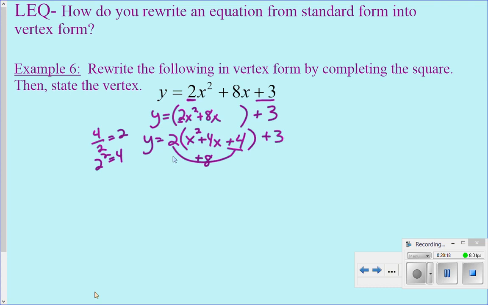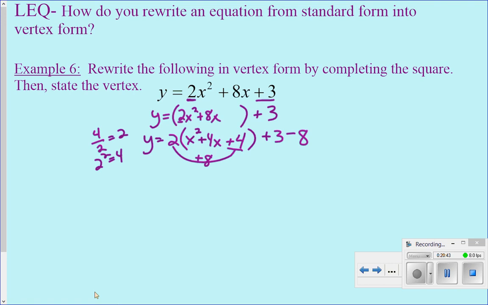That's what got added. So that means to make it okay that I randomly added on 8, I'm going to subtract 8. Okay, so when you have a leading coefficient that's something besides a 1, you'll have to remember to multiply that number that completed the square by the a to figure out what it was that got added, and then subtract that number away.